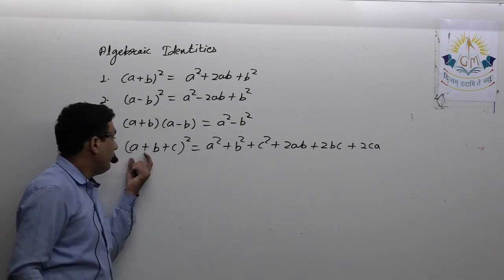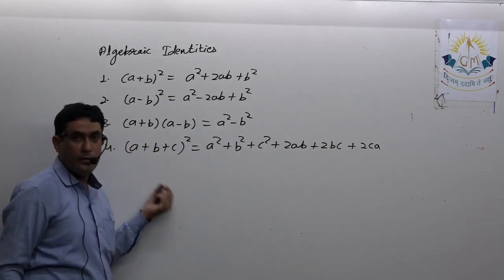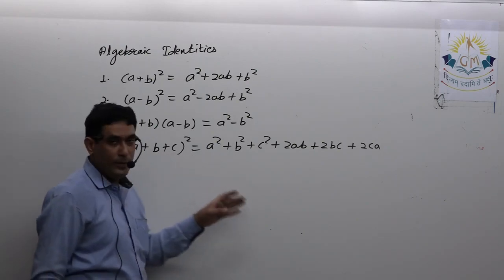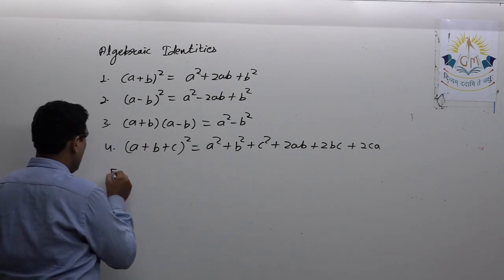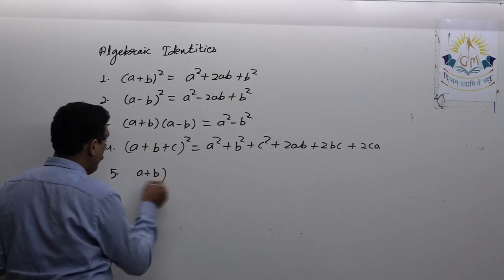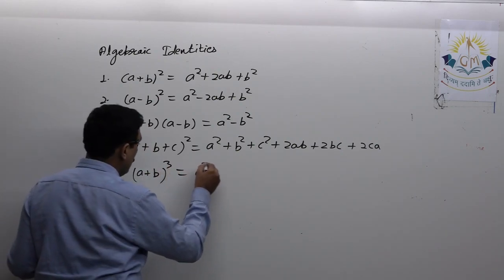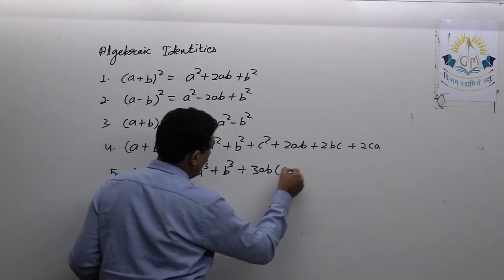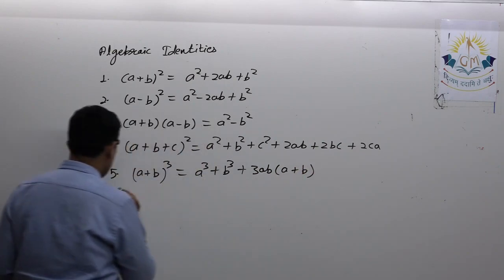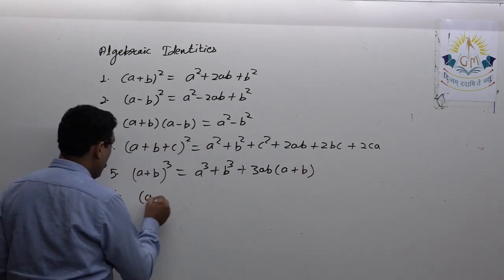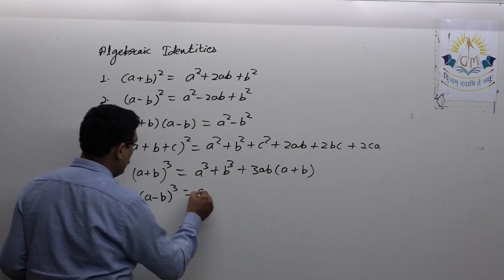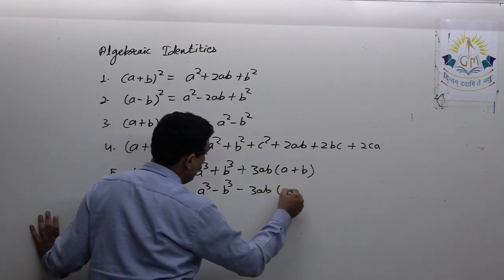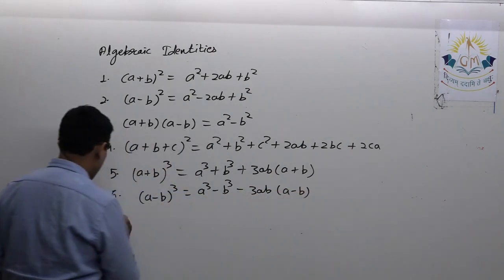Now of this particular identity there are 7 more variations, depending on the signs of a, b and c. Now next is a plus b whole cube, that is a cube plus b cube plus 3ab into a plus b. Then sixth one is a minus b whole cube, that is a cube minus b cube minus 3ab into a minus b.